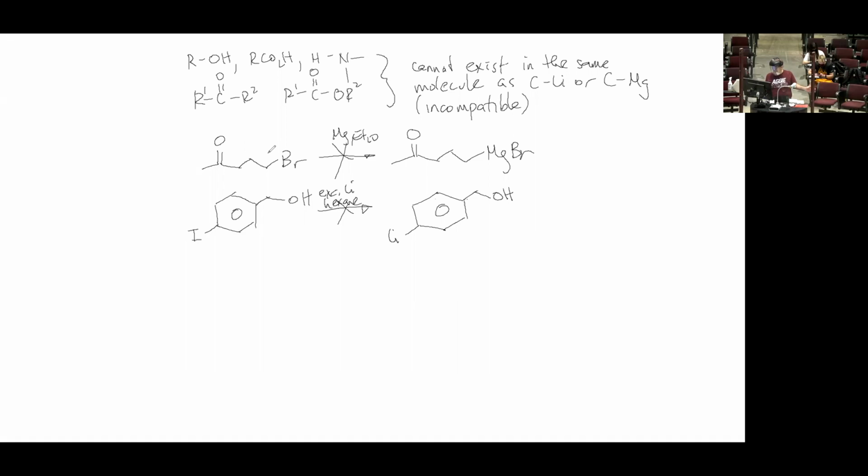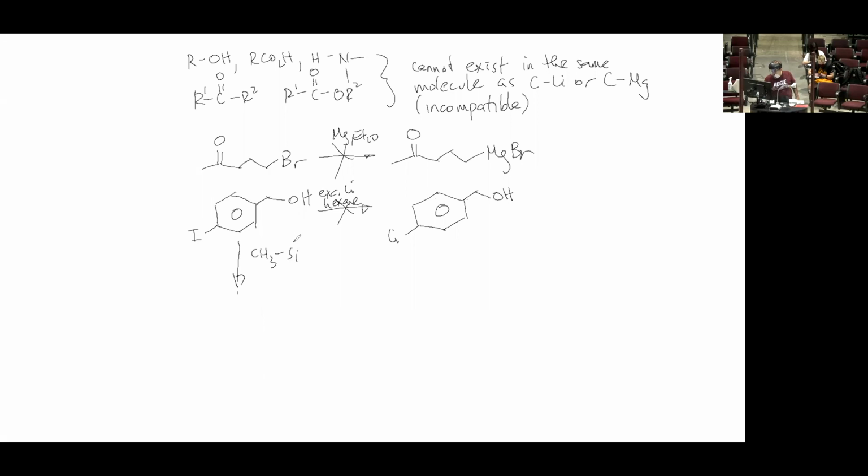The strategy would be to protect the alcohol so that there's no longer an alcohol functional group that can react with the carbon-metal bond. Then I install my carbon-metal bond and do whatever chemistry I want. And then I deprotect my alcohol. I remove the protecting group.